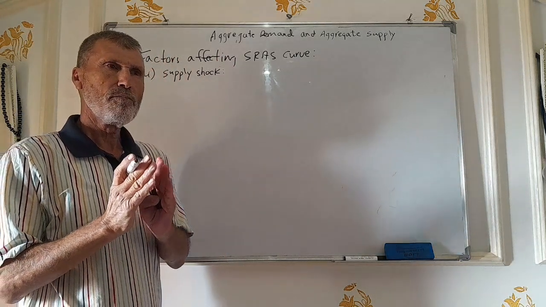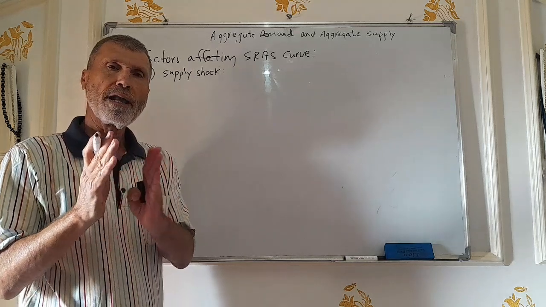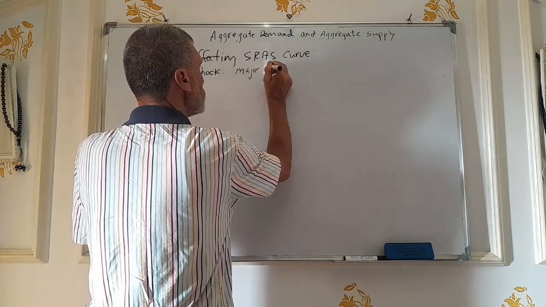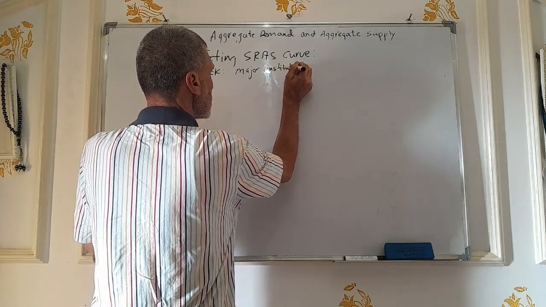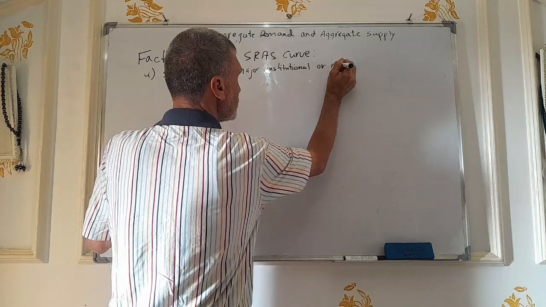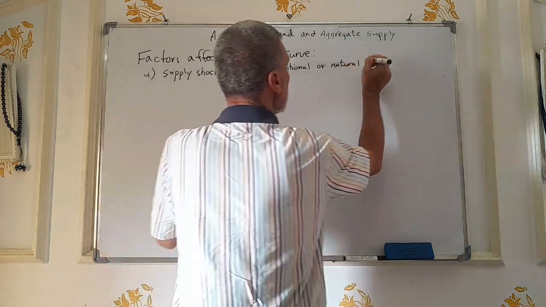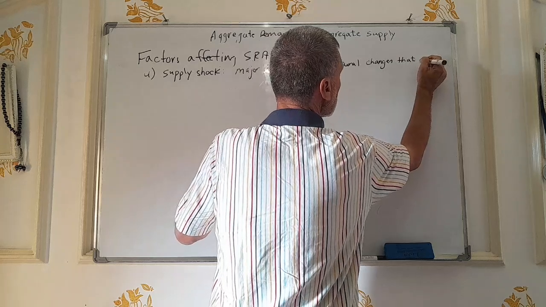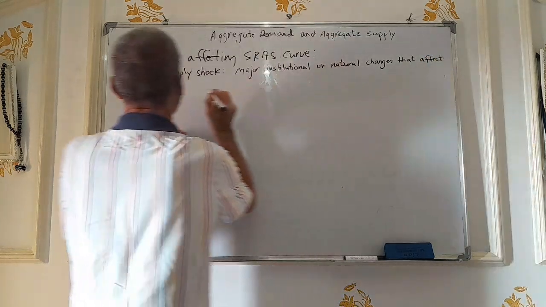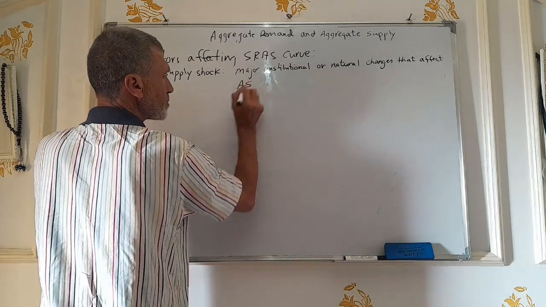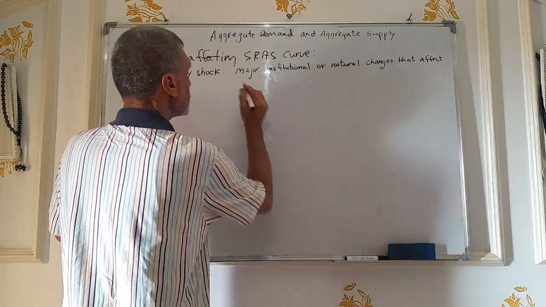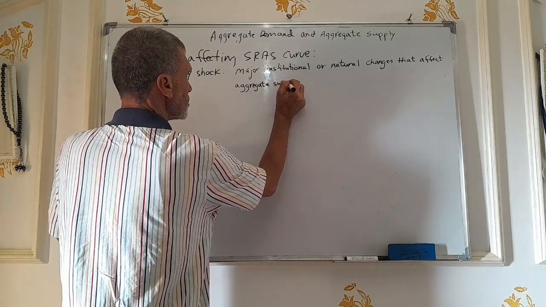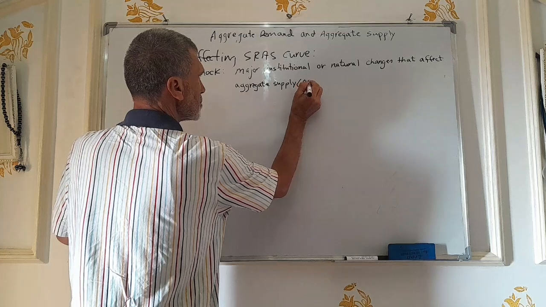We mean major institutional or natural changes that affect aggregate supply. Okay?